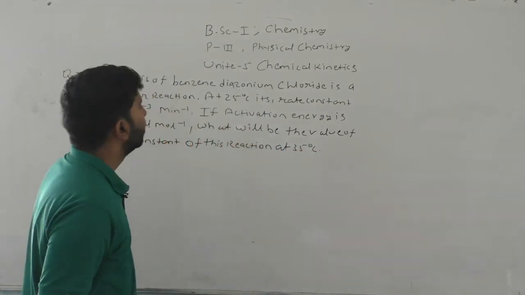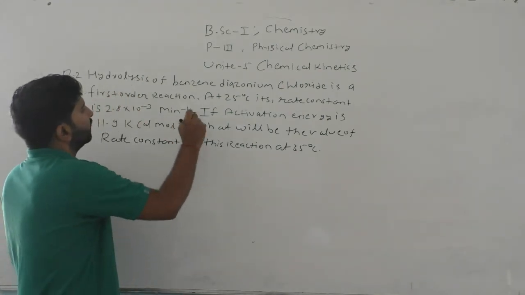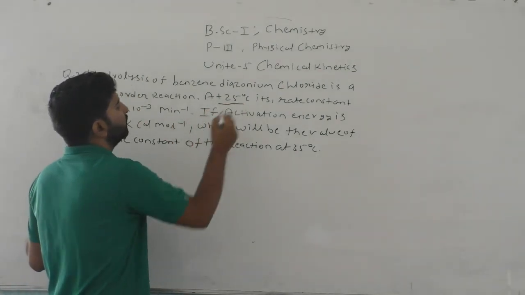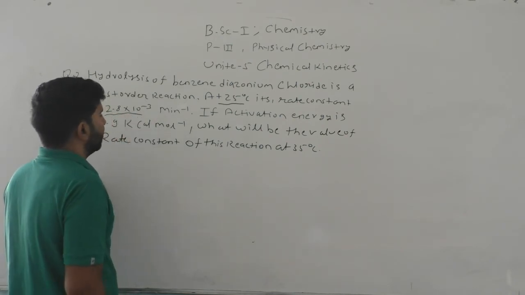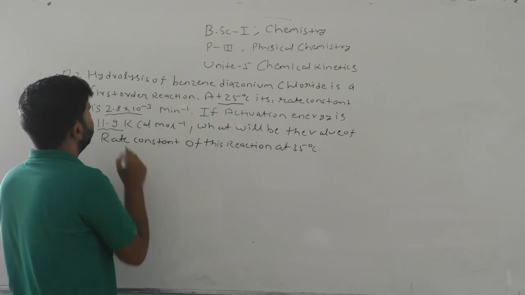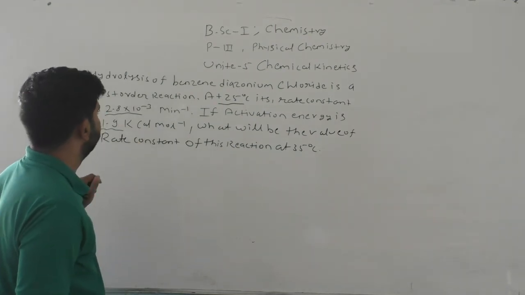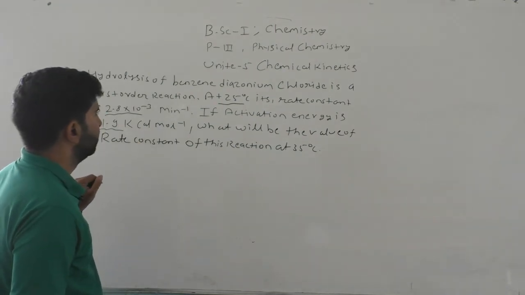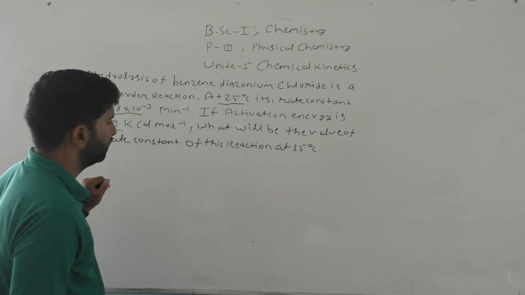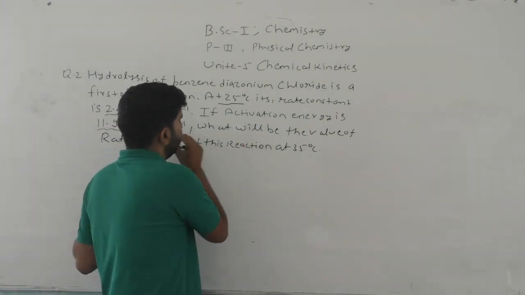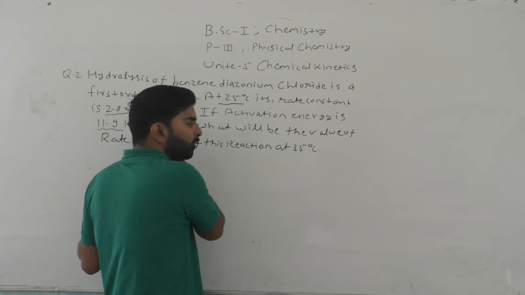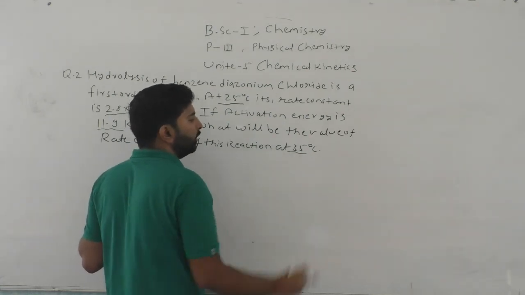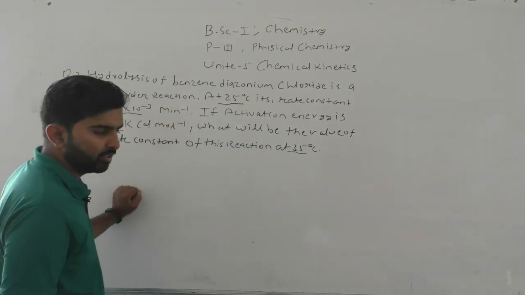So, in this question the given data is: at 25 degrees Celsius the rate constant is K1. If the activation energy is 11.9 kilocalorie per mole, then we have to calculate the value of K2 at 35 degrees centigrade.